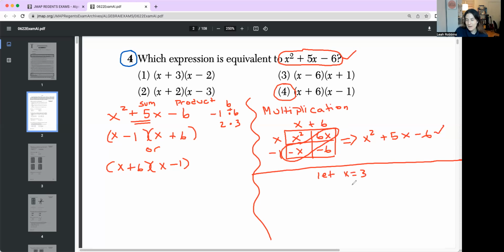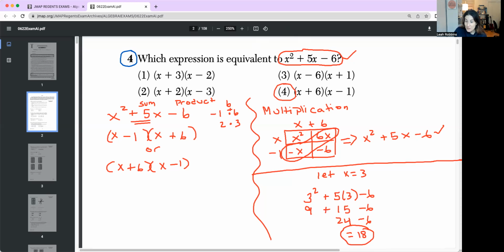I'm going to say 3. Using 1 isn't a great idea, and sometimes using 2 isn't a great idea because of squaring. So starting with 3 can make the most sense. So what I'm doing is I'm plugging it into my original. 3 squared plus 5 times 3 minus 6. 9 plus 15 minus 6, 24 minus 6 is equal to 18.